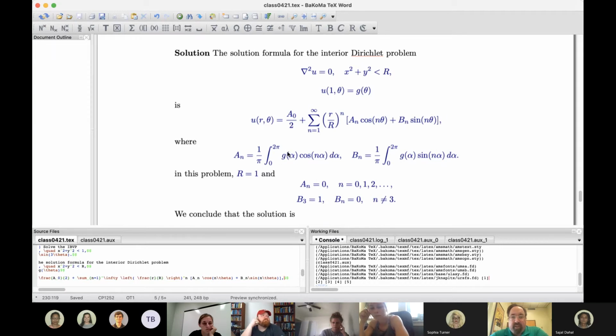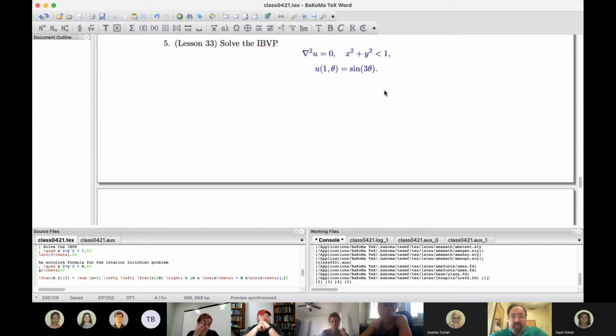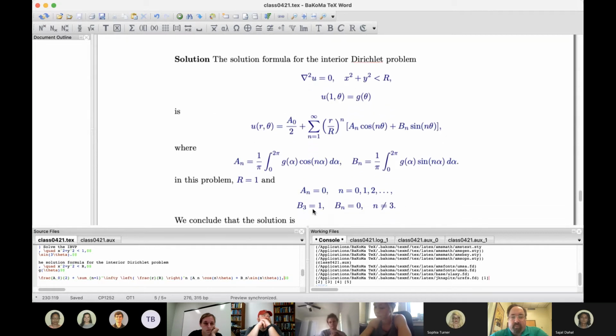But these are just the Fourier cosine and sine coefficients of your boundary data. So when the boundary data is expressed as linear combinations of these sines and cosines, then you can just get the coefficients A_n and B_n from the coefficients of that linear combination. And that's because in this case we have sine 3 theta, there are no cosines, so that's why B_3 is equal to 1 and all other A's and B's are equal to 0.